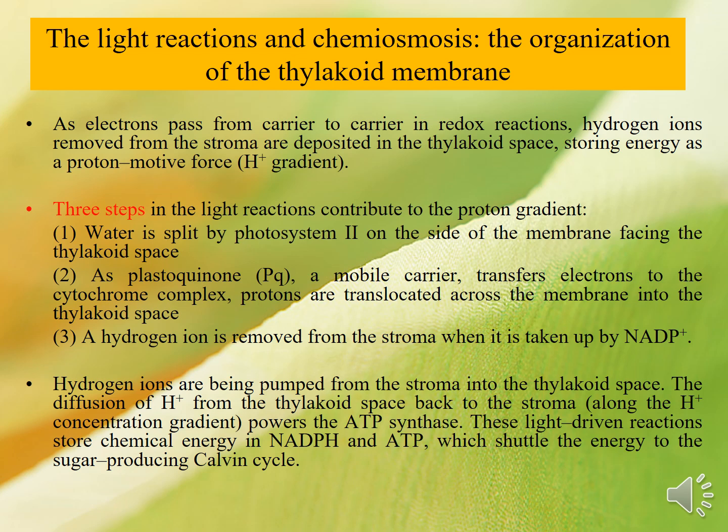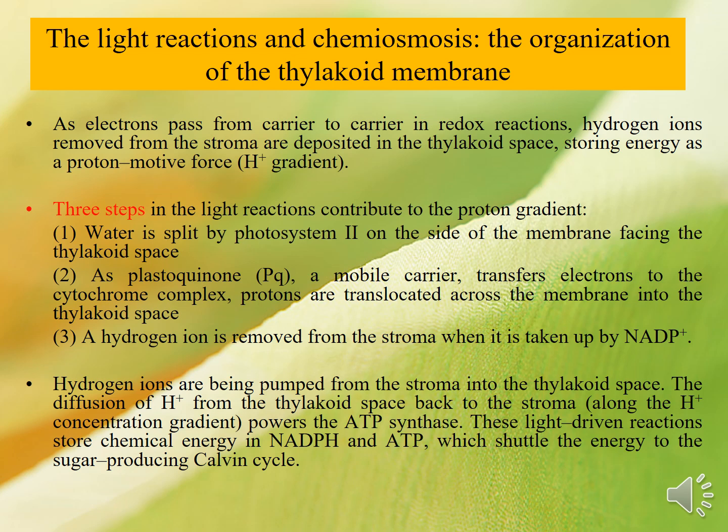So the hydrogen ions pumped from the stroma into the thylakoid space produce a difference in hydrogen ion concentration. When they have different hydrogen ion concentration, it will power the ATP synthase, which is the enzyme that synthesizes ATP.